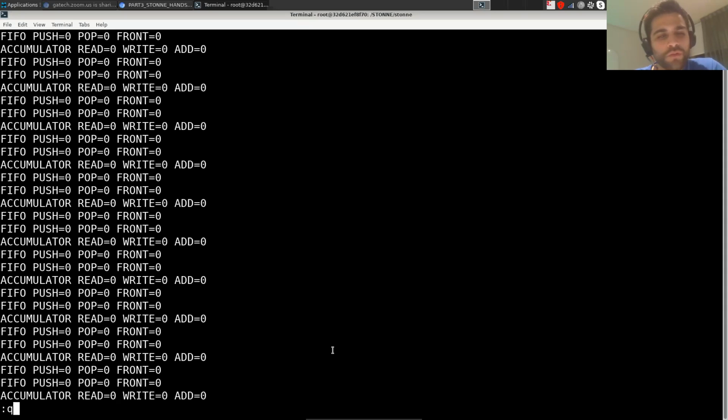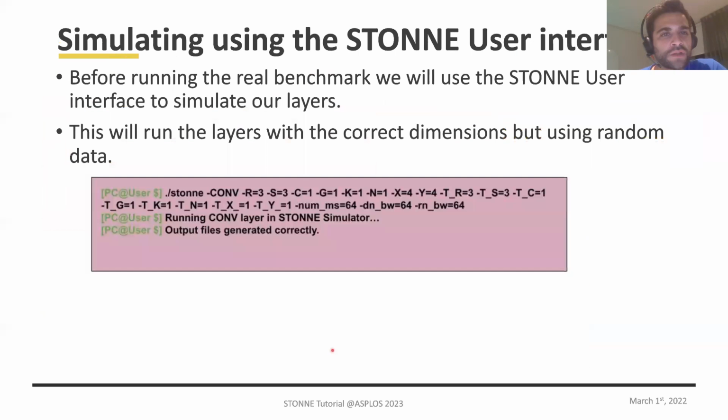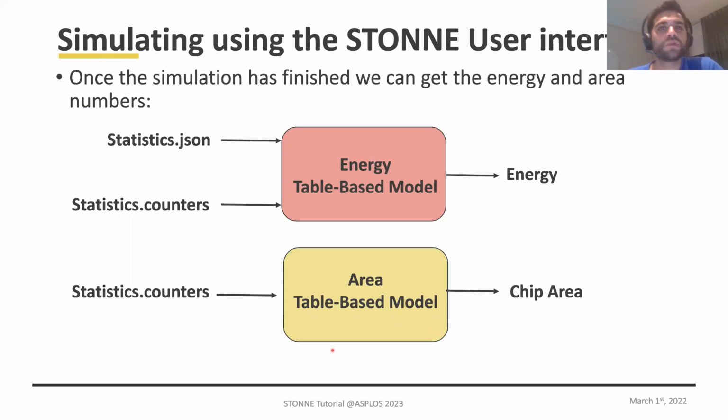So that's the main goal of this counter file. And this is actually shown here. Once the simulator has finished and we have these two files, mostly the counter file, the simulator uses an energy table-based model to calculate the energy, and also a table-based model to calculate the area.